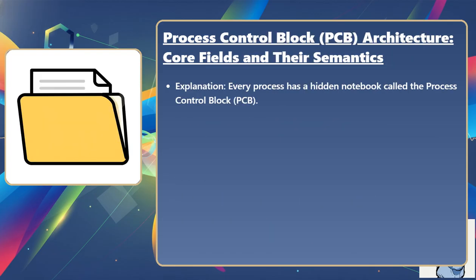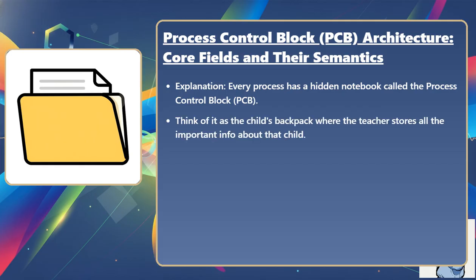Explanation: every process has a hidden notebook called the process control block, PCB. Think of it as the child's backpack, where the teacher stores all the important info about that child.